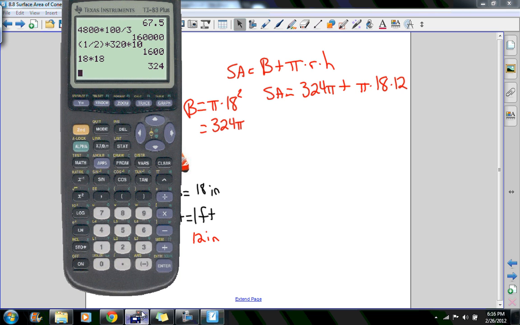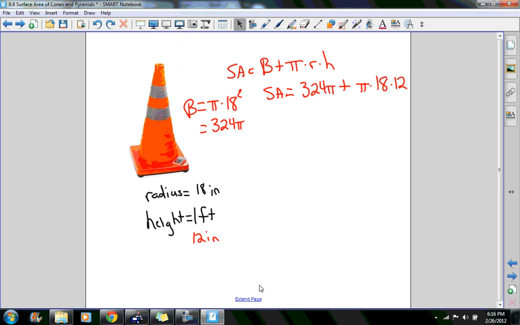I do not know 18 times 12. 216. So that looks like our surface area is equal to 324 pi plus 216 pi. So we add the regular numbers together, and we get 540 pi.